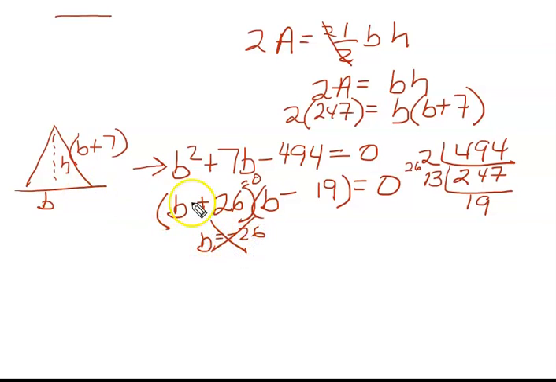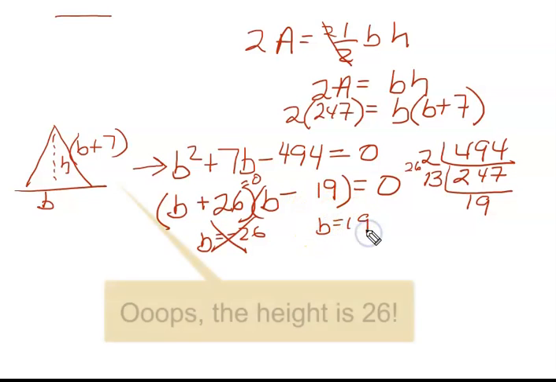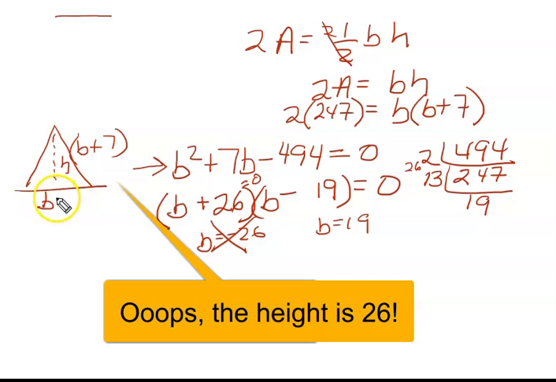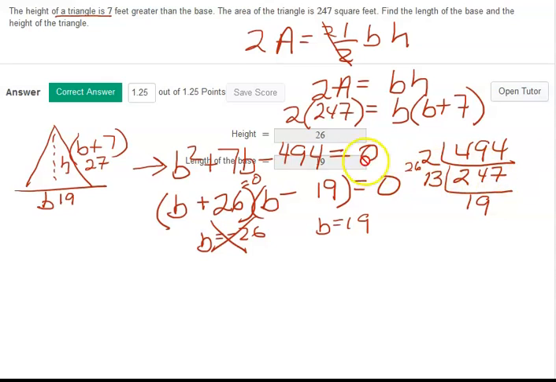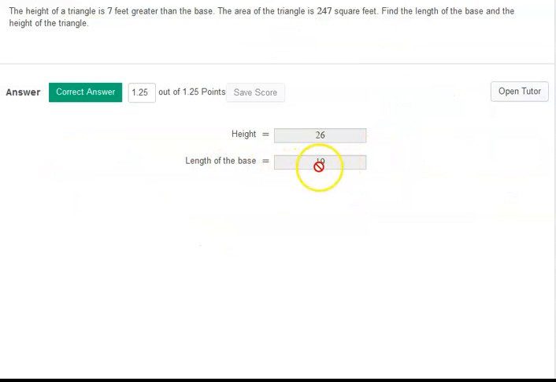That's not going to work. We can't have negative values. Here b is 19, and that worked. So our base is 19. Add 7 to it, and our height is 26. Again, there's lots of algebra here and skill. Let's go back, and there the answers are. The height is 26, and the base is 19. So this one was challenging.